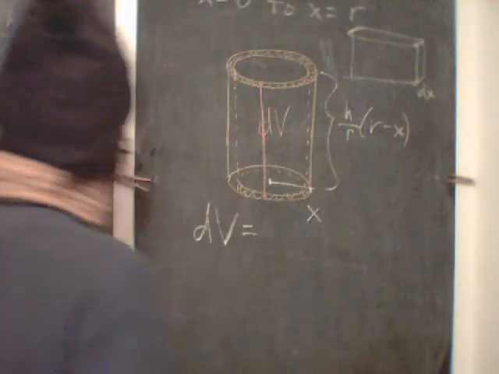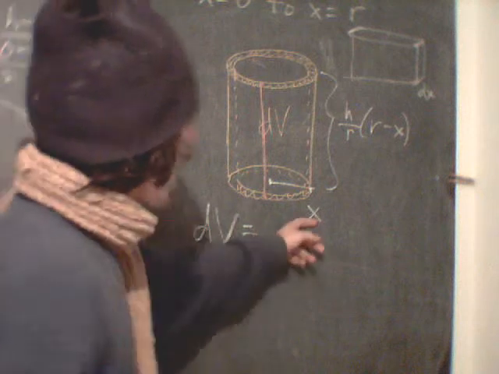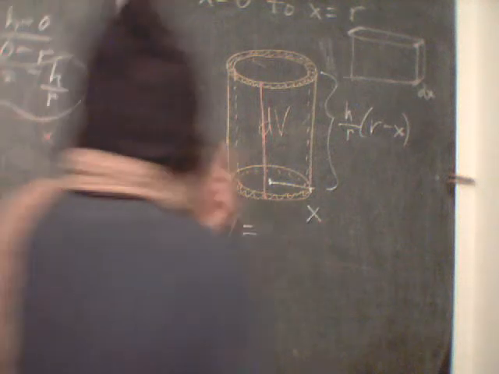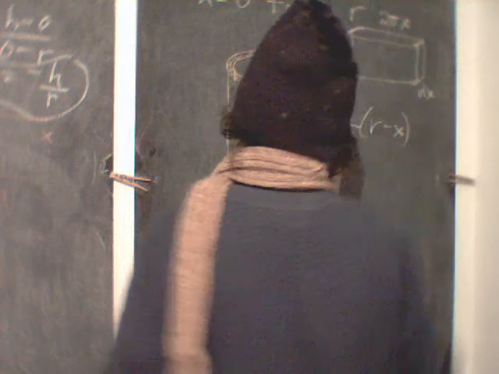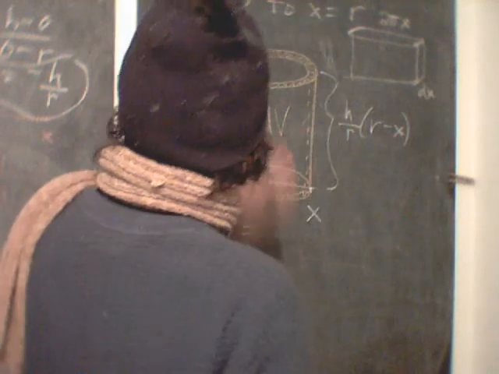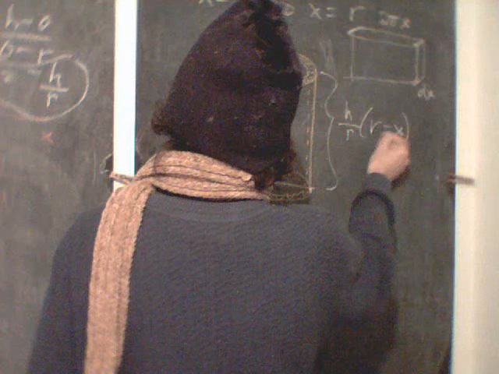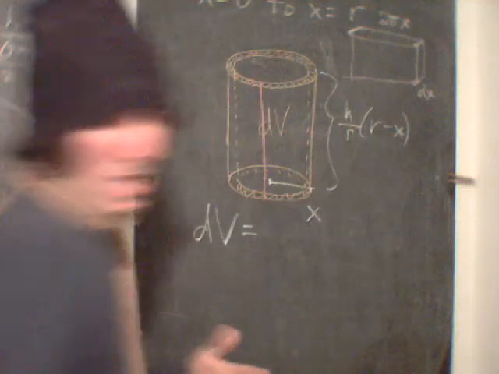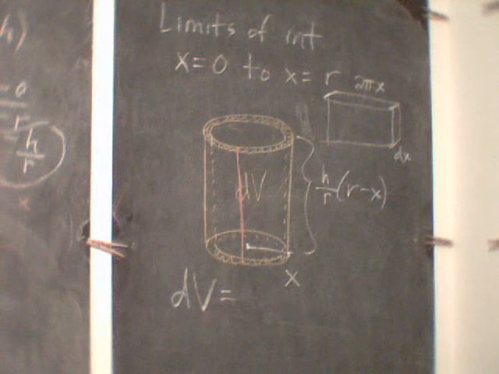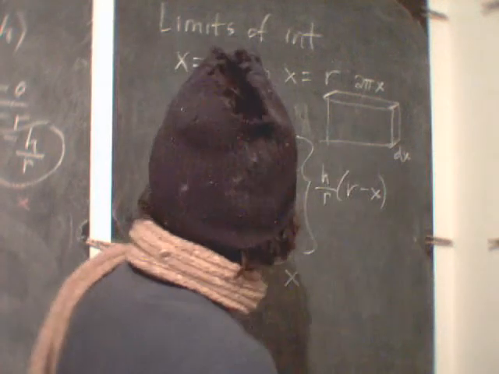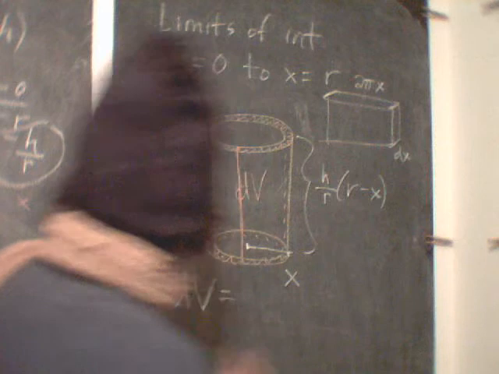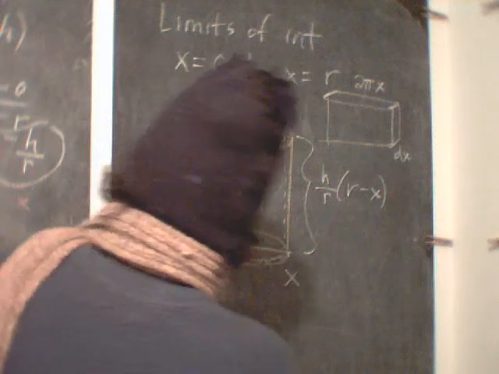Well, actually, it won't be x, it'll be 2 pi x, because that's the circumference of the circle. So the length will be 2 pi x, and the height will not change.